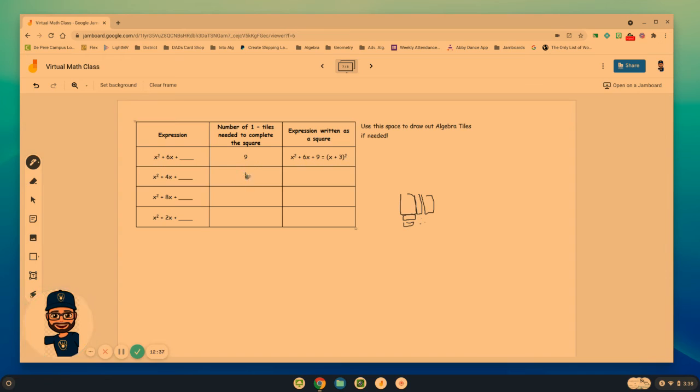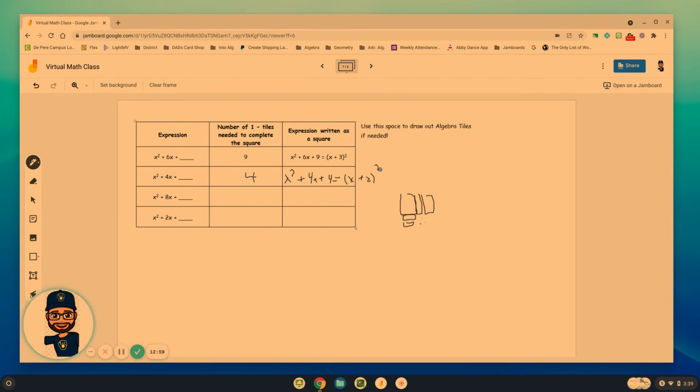I would need 4. So that would give me x squared plus 4x plus 4. And if I look at the length and width, x and 2, meaning x plus 2 quantity squared.